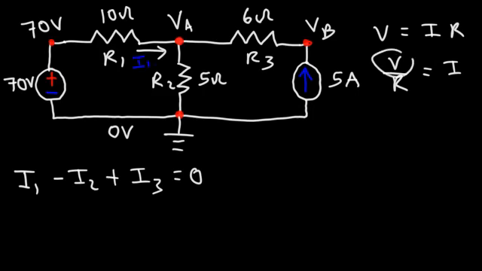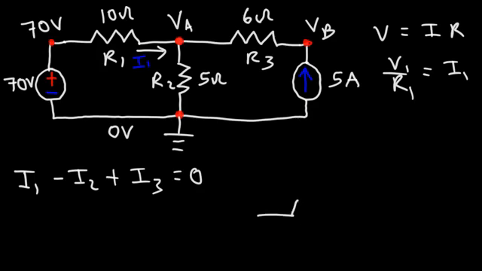What is the voltage across R1? So V1 over R1 will give us I1. What is the voltage across R1? The voltage is the difference of the electric potentials across that resistor. So it's going to be the higher electric potential.